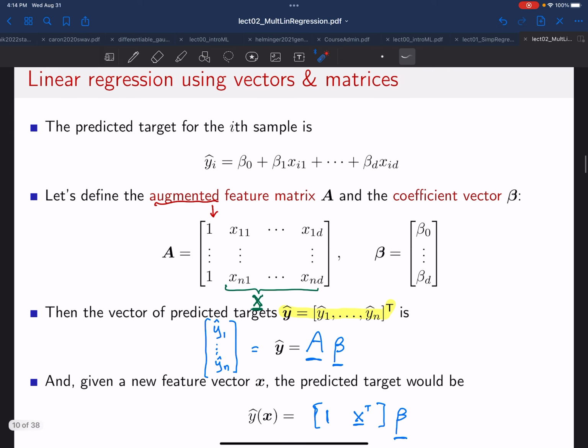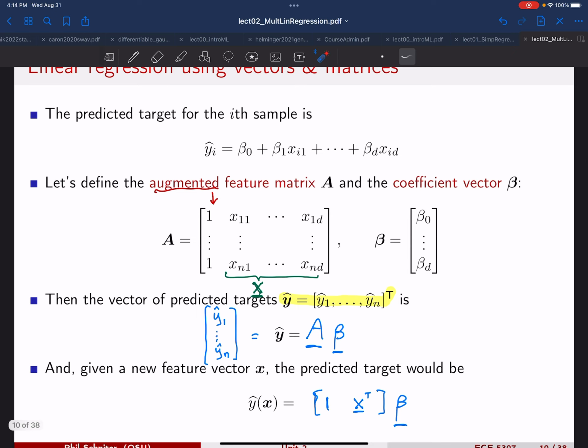Okay, so then we should also think about how we're going to use this eventually. This is just our training data. Eventually someone is going to give us a new piece of data, we can call that our test data, and we want to make a prediction from that. So at that point, we're going to have to do something very similar. We're going to stick that as a row vector together with 1.